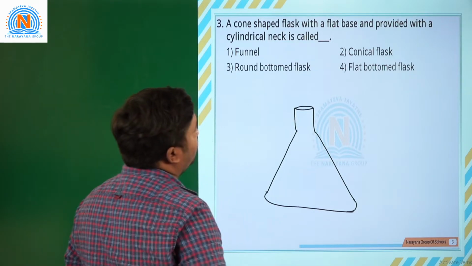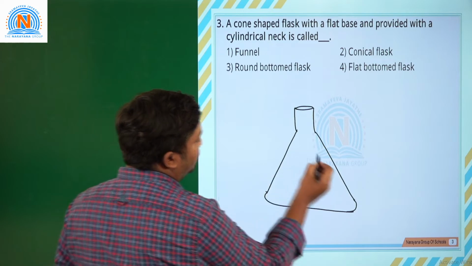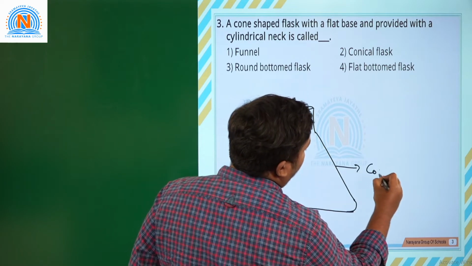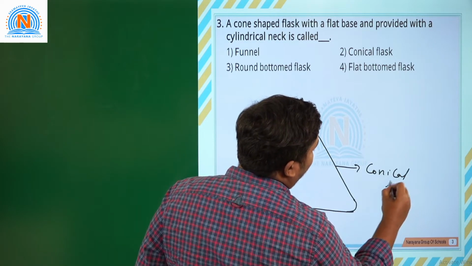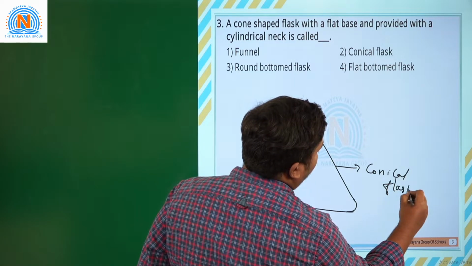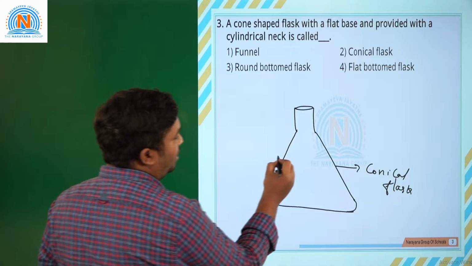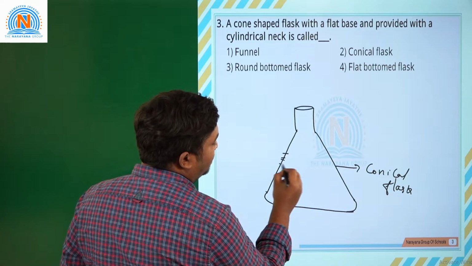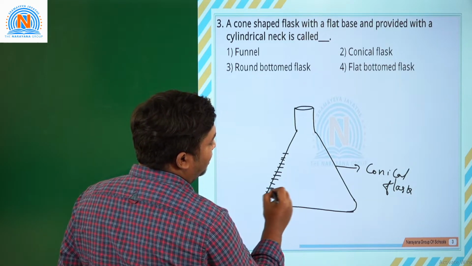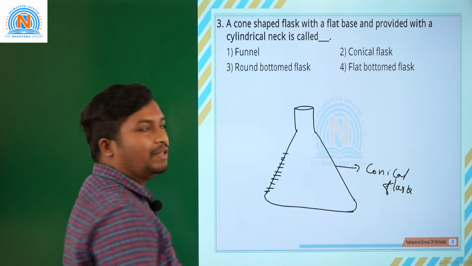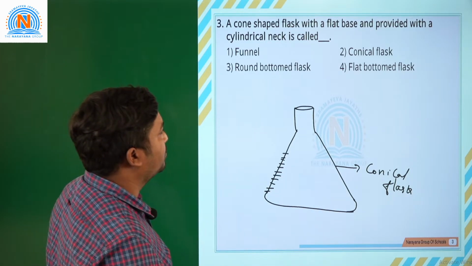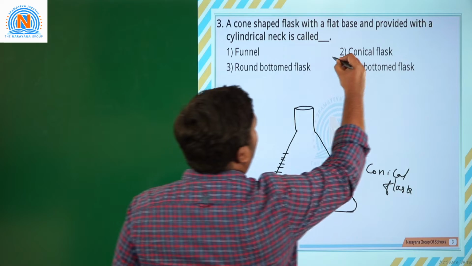So obviously it is a conical flask. Most chemistry experiments we perform in a conical flask only, and this conical flask generally has readings on the side to measure the volume of sample that we are taking in the flask. So we call it a conical flask.